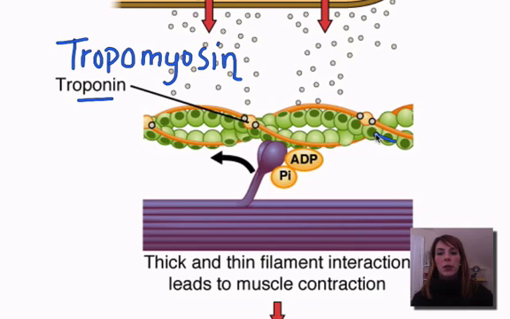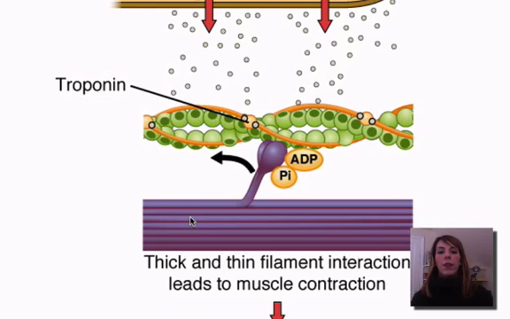So in a muscle that's relaxed, these proteins slide down and block all of these myosin binding sites, so that when the muscle's relaxed and the troponin and tropomyosin are on these myosin binding sites, the myosin can't make contact with the thin filament. And when muscle contraction occurs, it's because the troponin and tropomyosin slide off of those myosin binding sites. And that is stimulated by the nerve cells.